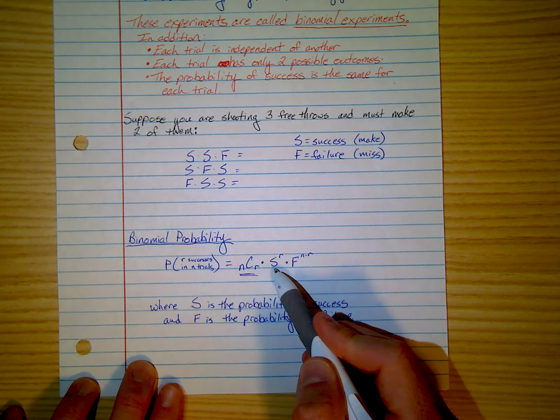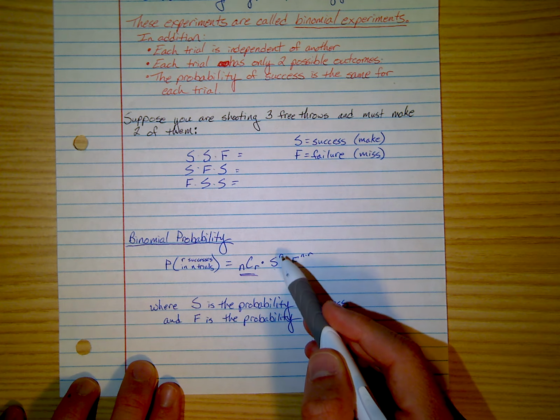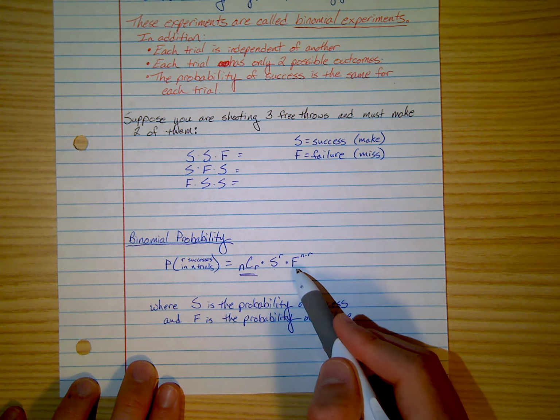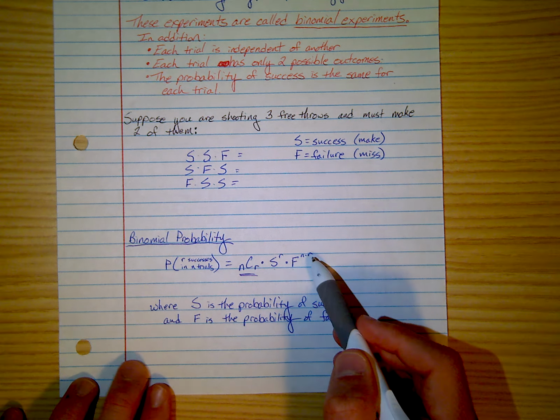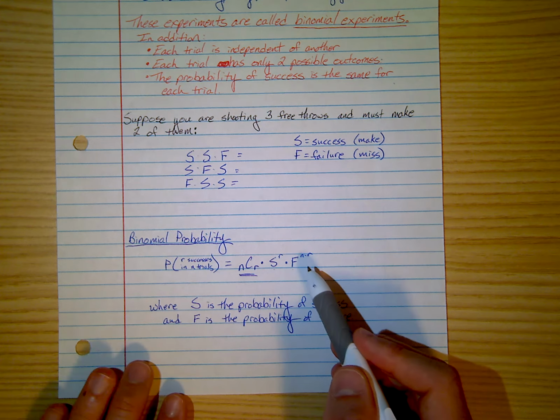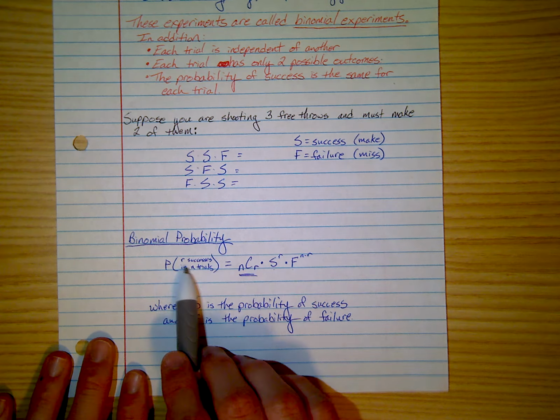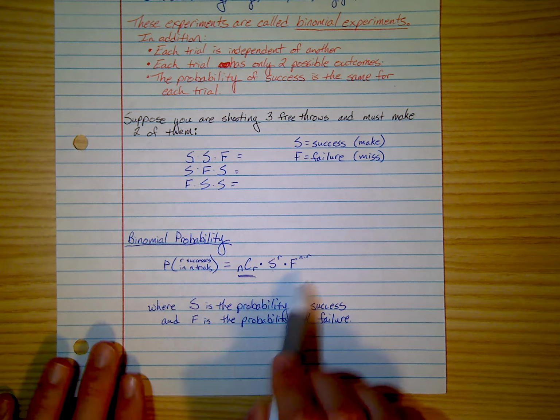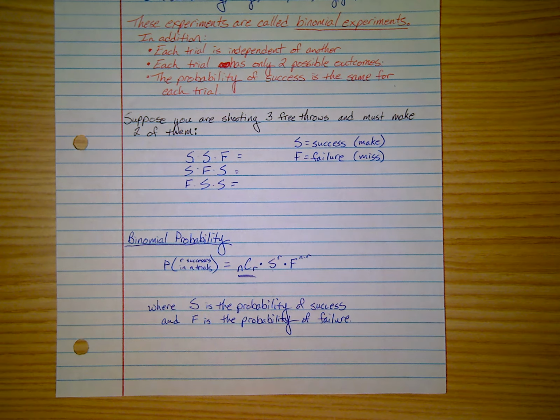And then you have your probability of success raised to how many times you have to have success, times the probability of failure raised to how many times you have to fail. That gives us the probability of R successes in N trials. So this is the formula that we use. It's going to make a lot more sense when we actually practice it in just a second.